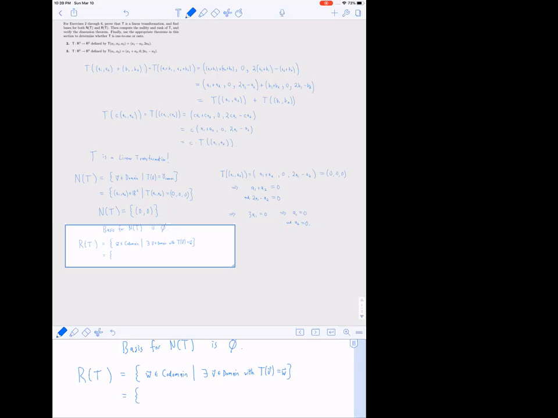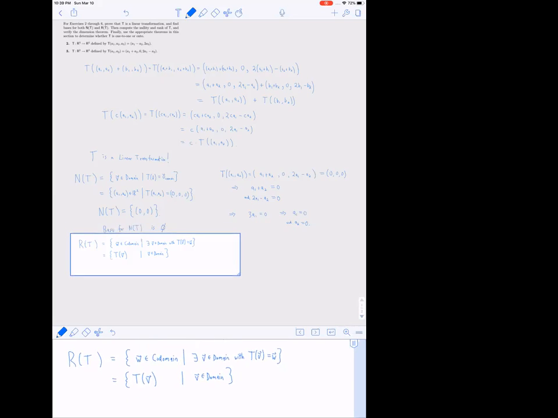Instead of naming abstract-looking vectors from the codomain, let's say that every vector in the range has to be T of V for some V in the domain. And now if we let V range over all the vectors in the domain, then T of those will give us the collection of all the things in the range.